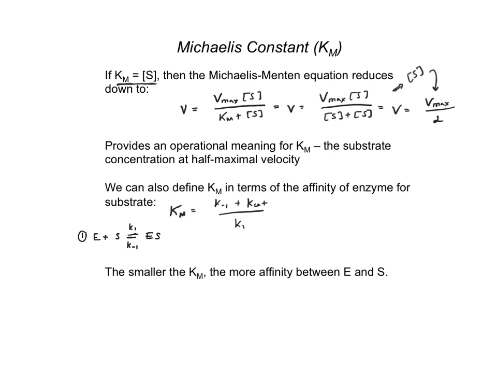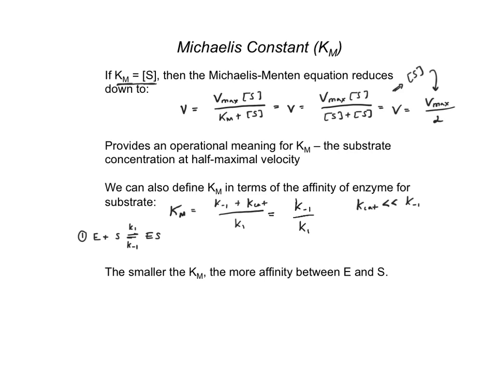Okay, so we're going to imagine a situation where Kcat is much, much, much less than K minus 1. Okay, so in that scenario, if Kcat is very, very small, and K minus 1 is very, very large, then this essentially reduces down to K minus 1 over K1.